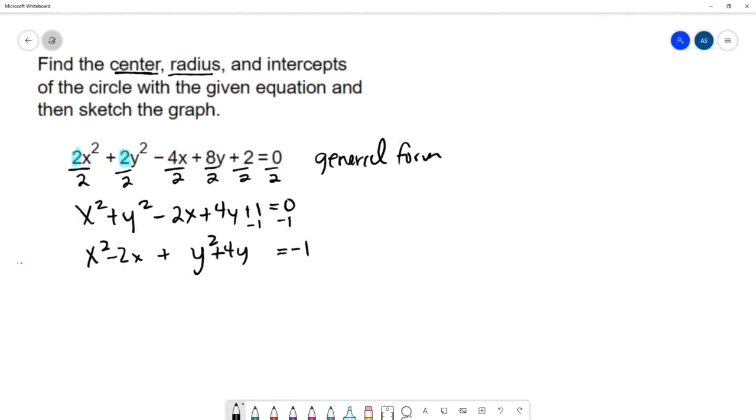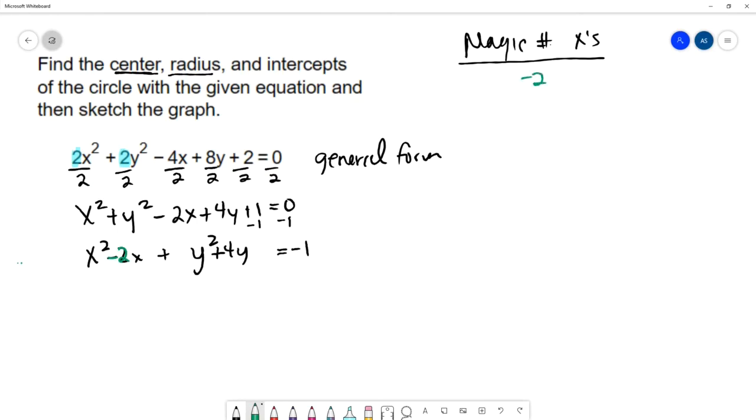This is a process called completing the square. So in our x group, we want to find the magic number.